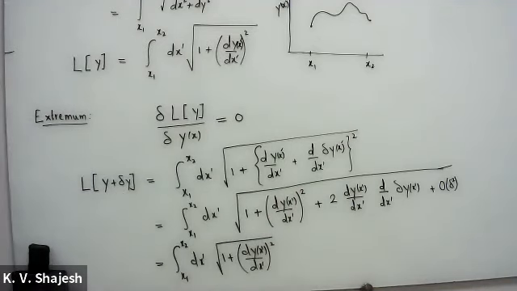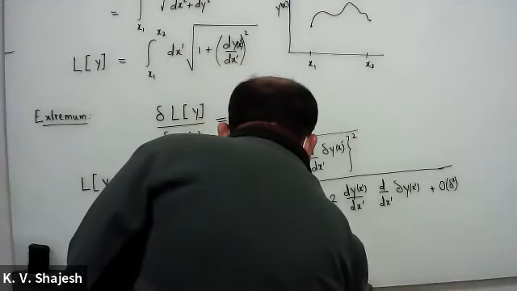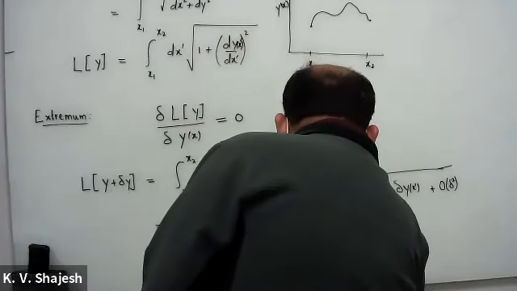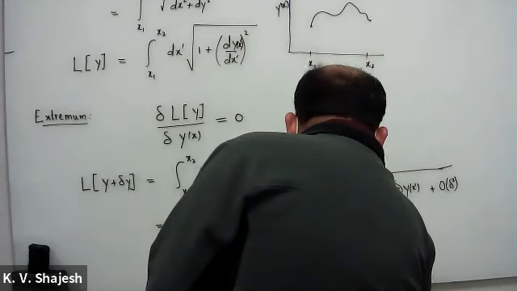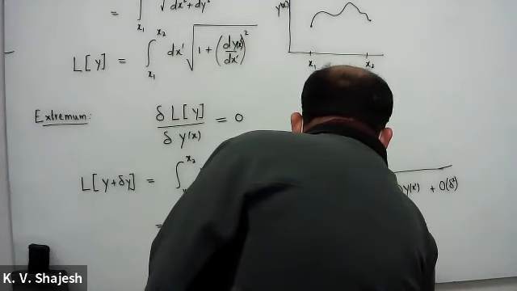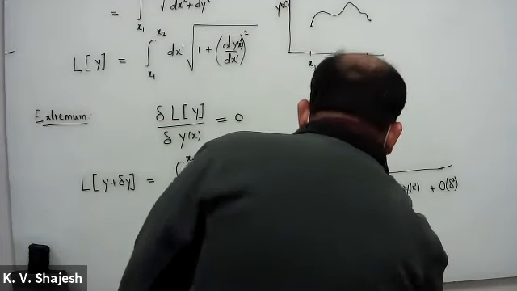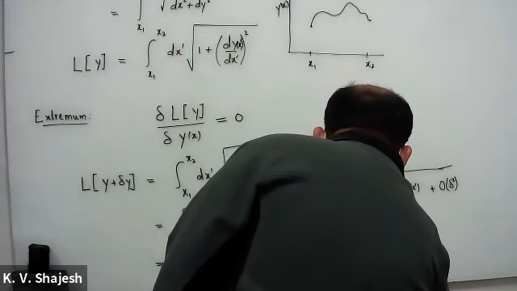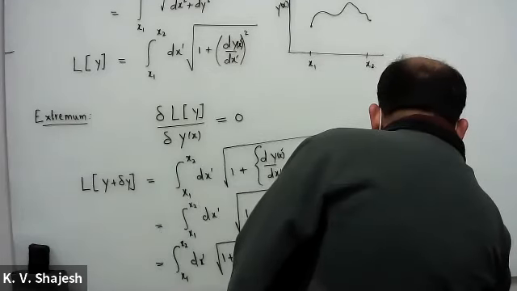So I take that out, and what I get is 1 plus, since I've taken this out, 2 times dy of x prime over dx prime, d by dx prime of delta y of x prime, divided by this whole thing, 1 plus, and order delta square.